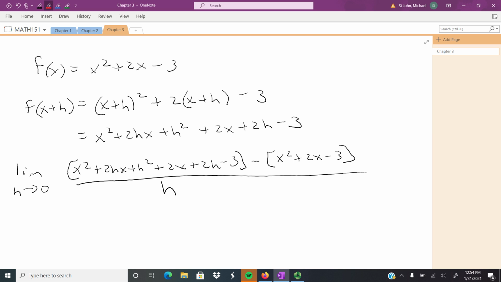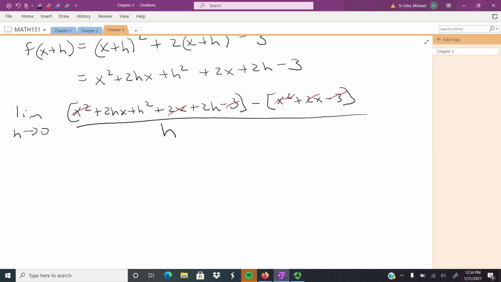Well, now we can simplify the top because we have an x squared minus an x squared, 2x minus 2x, minus 3 minus a minus 3. So those all go away. So we have the limit as h goes to 0 of 2hx plus h squared plus 2h all over h.